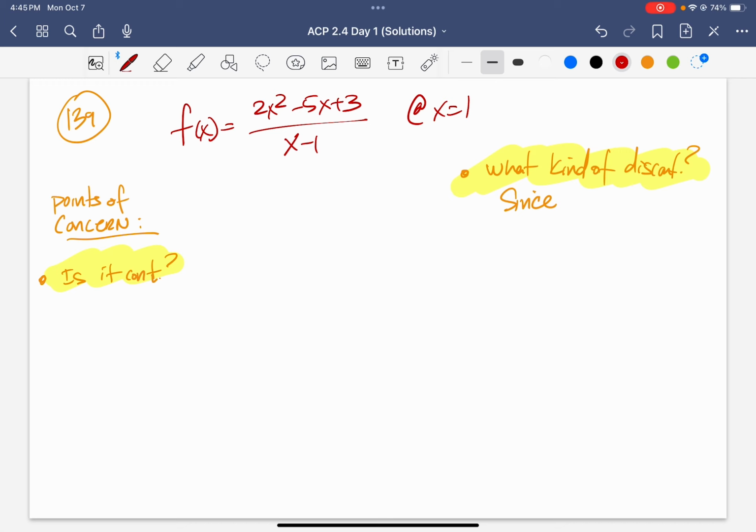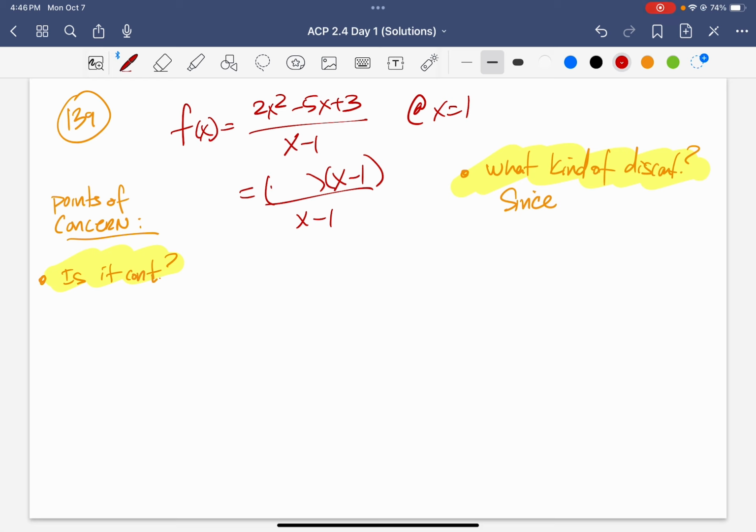Okay. So for 139, I think they want us to check at x is equal to 1. And I was worried about it anyway because of this denominator. So I'm hoping that the top can factor. And if it can factor, I would have to have an x minus 1, right? When you put in 1, I think you're going to get a hole. So yes, x minus 1.